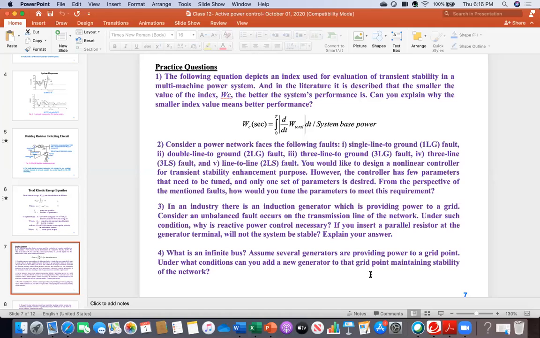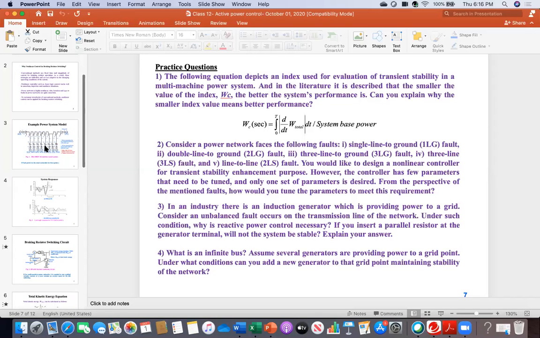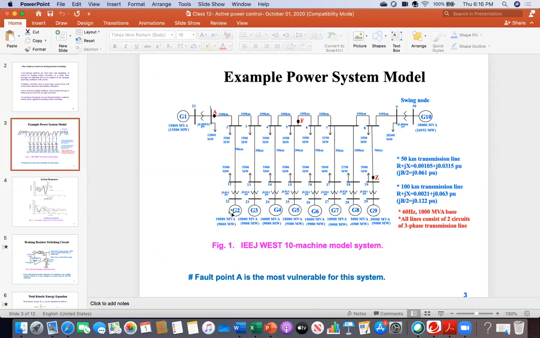Now, several generators are providing power to the grid. Under what condition can you add a new generator to that grid point, maintaining stability of the network? For example, this is a system. Now all generators are connected, you see. Now think about just one generator.